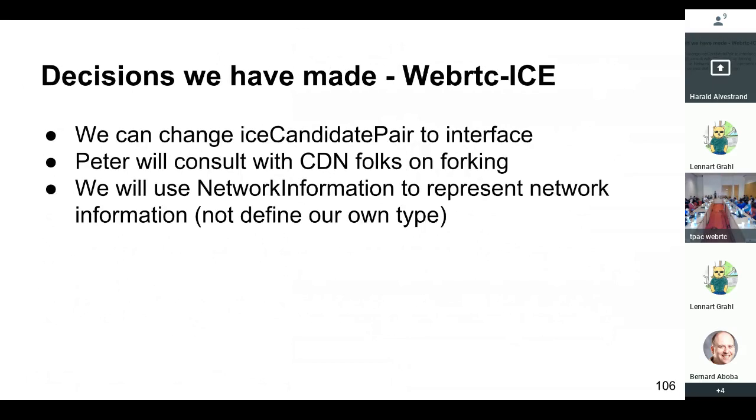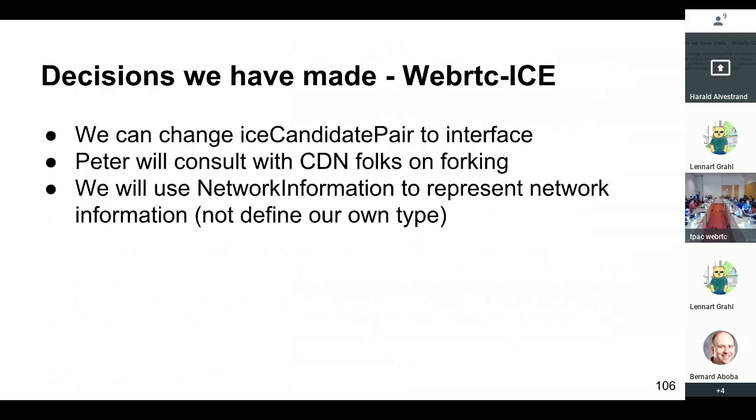On WebRTC ICE, we have said that we can change ICE candidate pair to an interface. Yeah, that reflects back into PC. So that will cause a pull request on PC based on the decision that came out of the discussion on ICE.